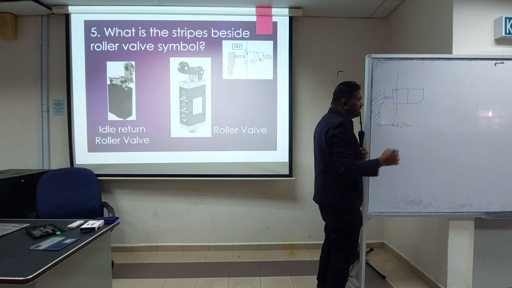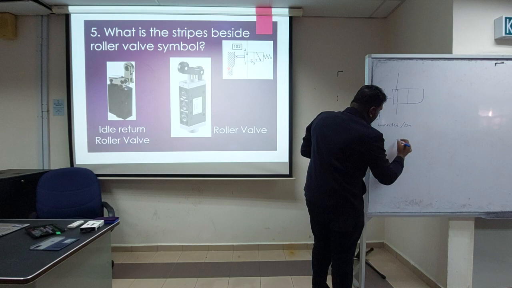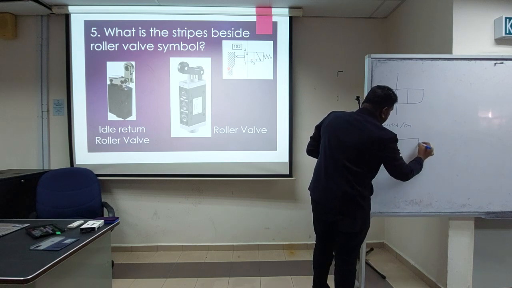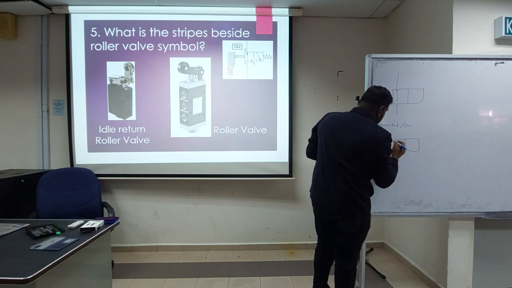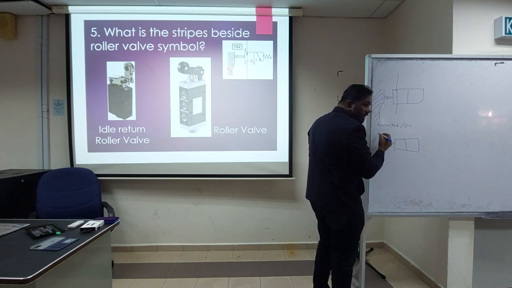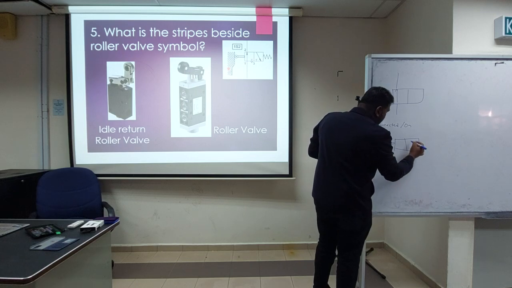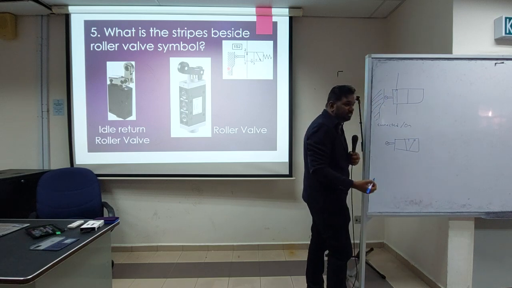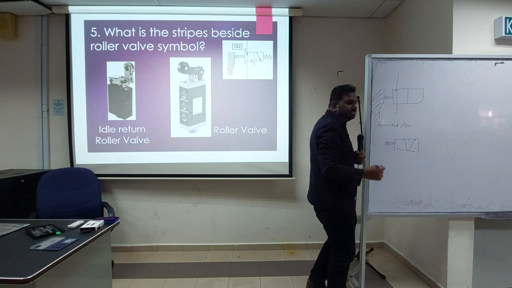Dia bukan in normal condition. So ada satu lagi case. Sama, ada roller, tapi gambar ni tak ada dinding. So you can see it will be this side. So it will be like this. No connection. So it will be at this side.